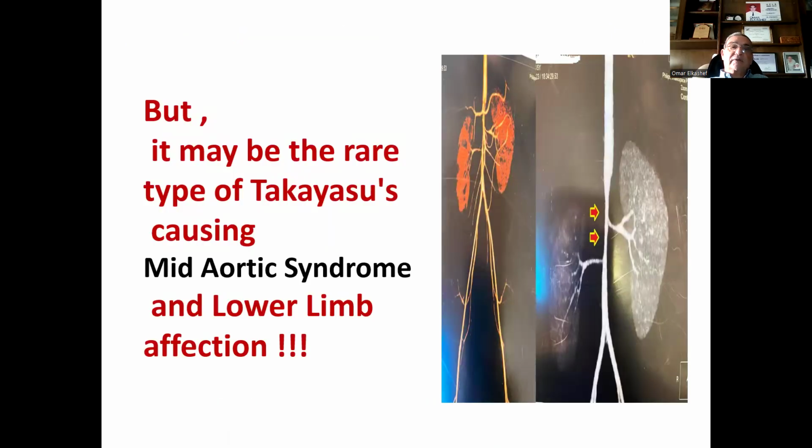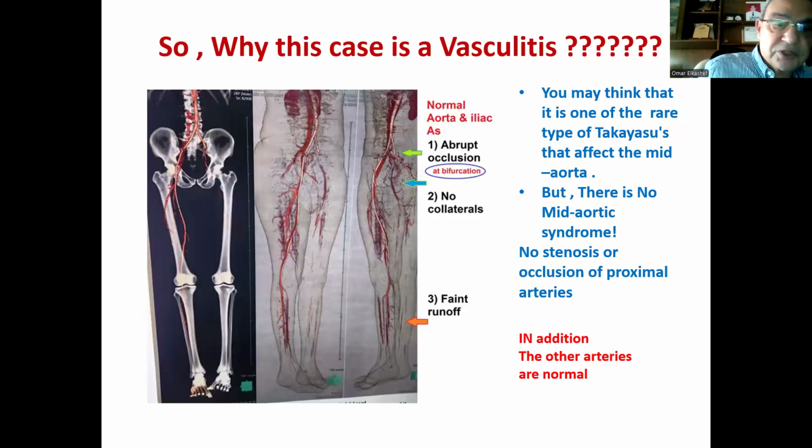But in fact, Takayasu has a rare type which affects the aorta, and it is termed the mid-aortic syndrome, and may affect the lower limb. So Takayasu may present as mid-aortic syndrome and so affect the lower limb, which is rare. So in this case, why is this case not diagnosed as vasculitis? What do we have in this case?